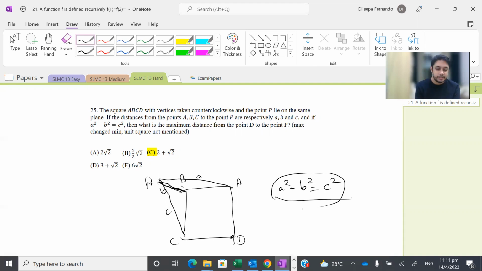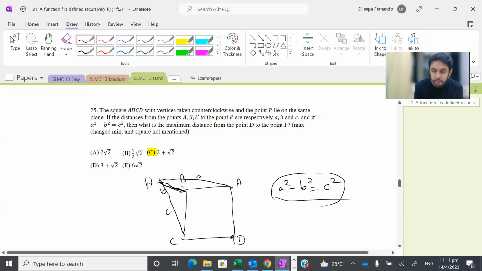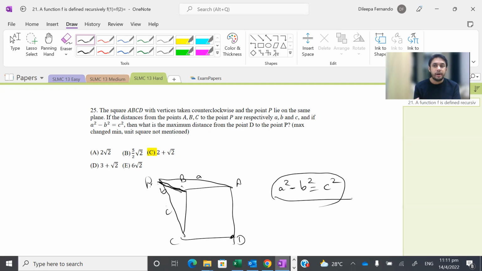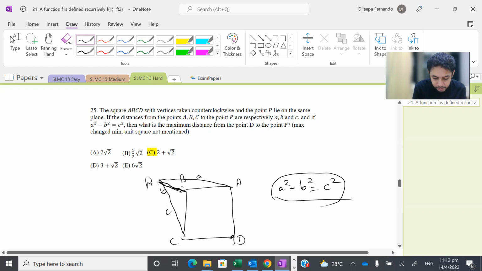You can see it is a continuous set of points, a continuous path. So one better option is to find this path. An easy way to find this path, because if you use the geometry it may take a long time, but one good method is to use coordinate geometry.